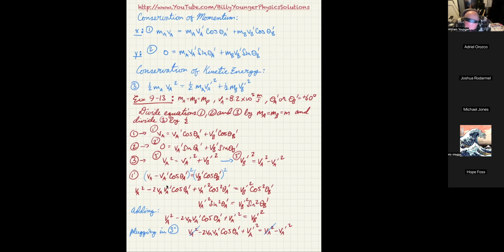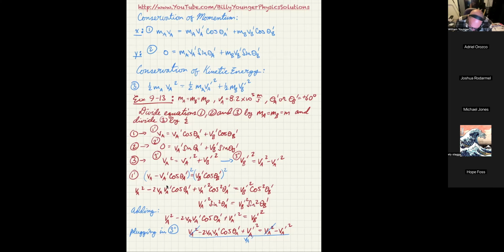Or more specifically, since we've now gotten rid of VA squared, there is a term of VA prime in each of the remaining terms, so I can divide both sides by VA prime. From this, I get something really nice.